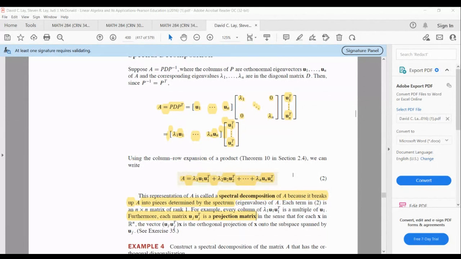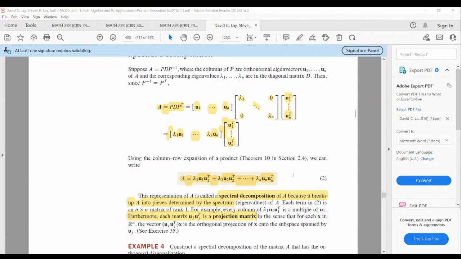Because if you take uj times uj transpose and multiply it by the vector x, that's actually the orthogonal projection of the vector x onto the subspace spanned by uj. Now that's shown in an exercise, and I believe that'll show up in your homework.